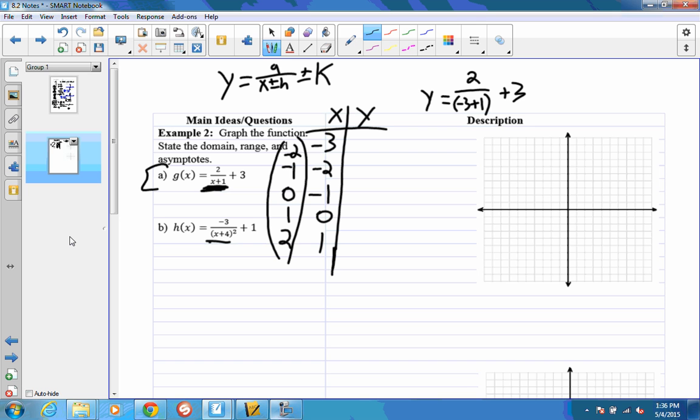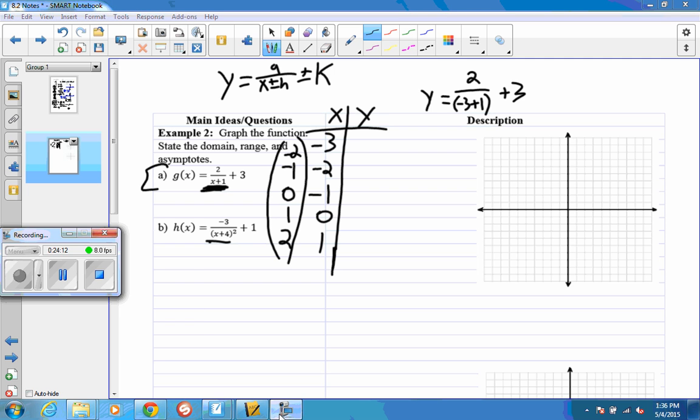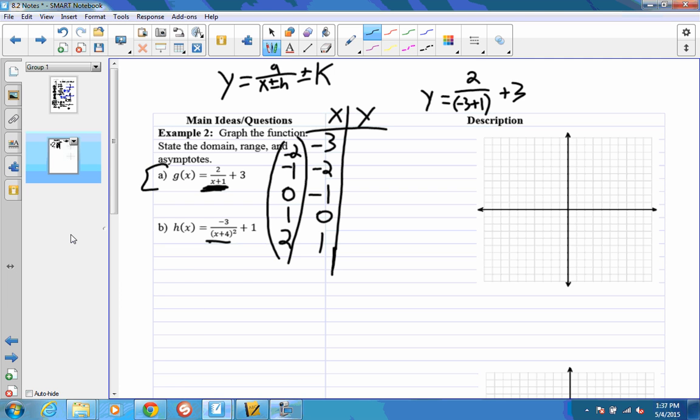What's that reduced to? This reduces down to -1 plus 3, which is 2, right.